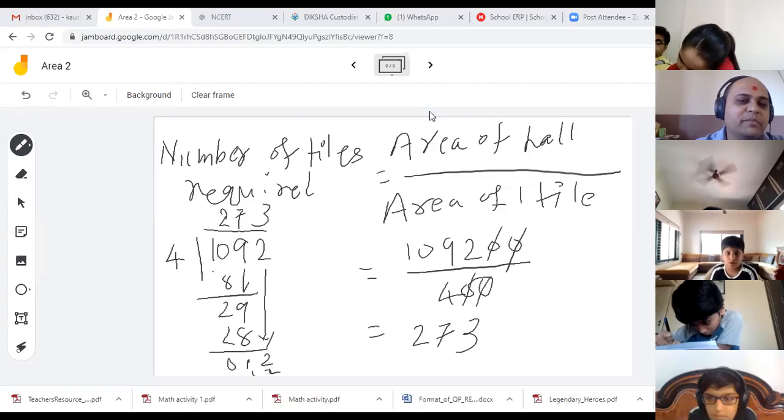There you can write the number. Okay. Final sentence one more time: Total number of tiles required to cover the floor is 273. Done? Going to the next example.